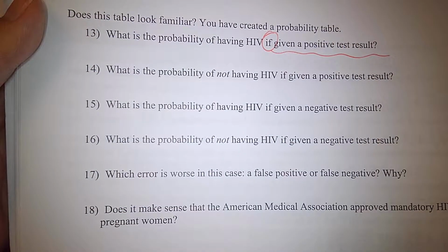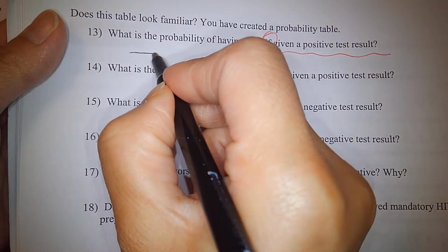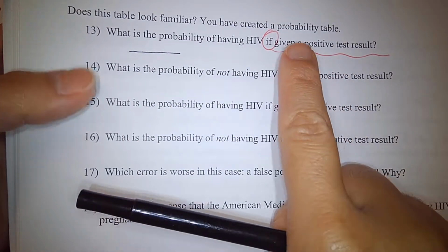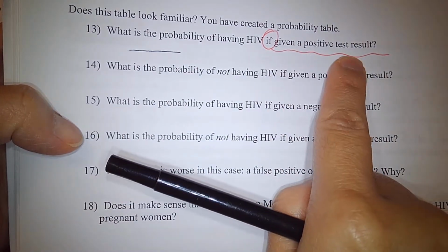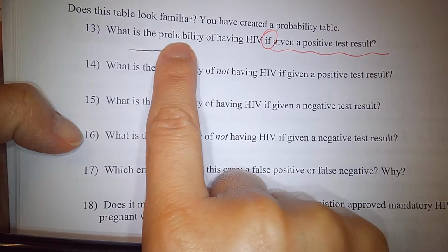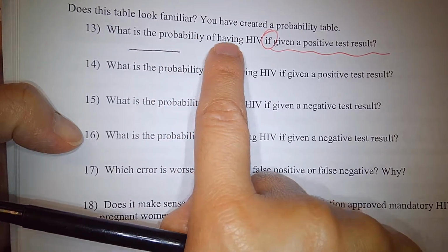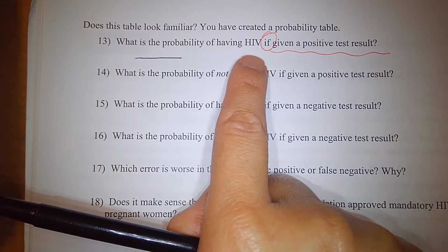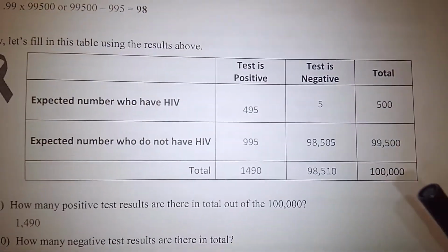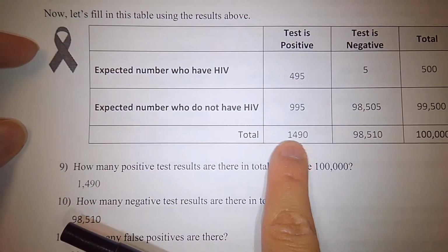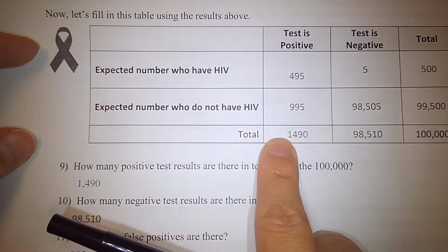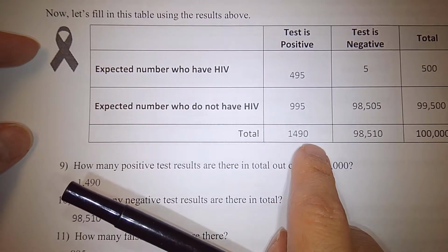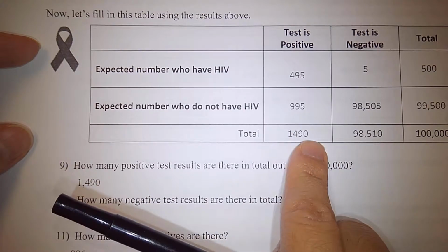Okay? So given the positive results, what is the chance that people have HIV? Right? So from the table, given the positive results, only 1490 people get positive results, right?